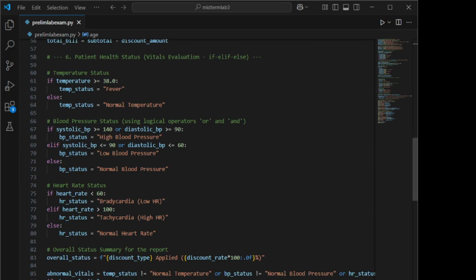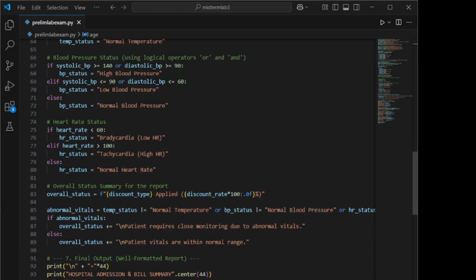So we use the OR operator for this, saving the resulting status to variables like temp status and HR status. This gives our final output.